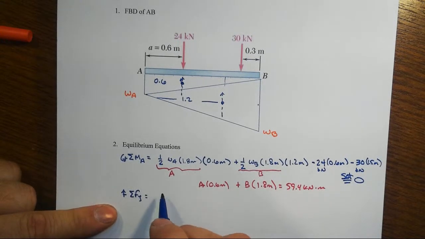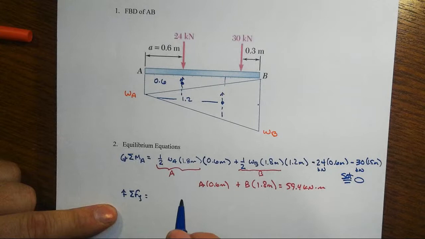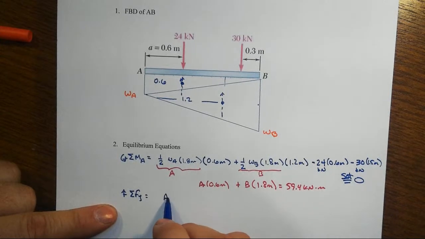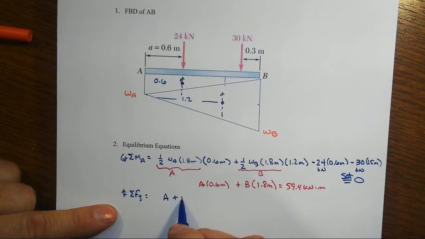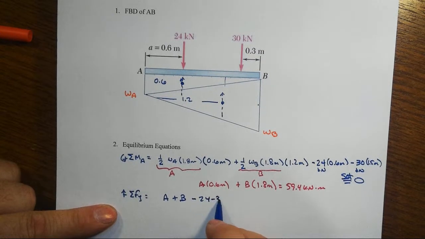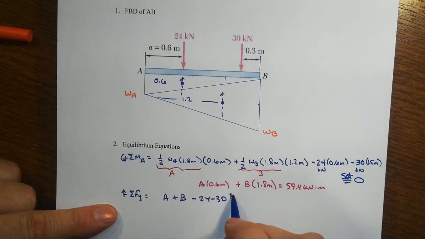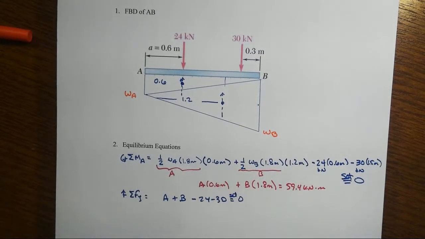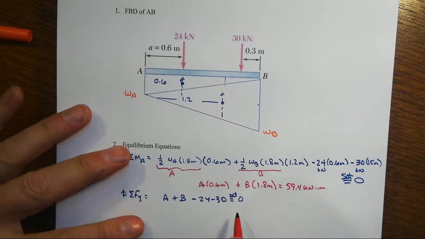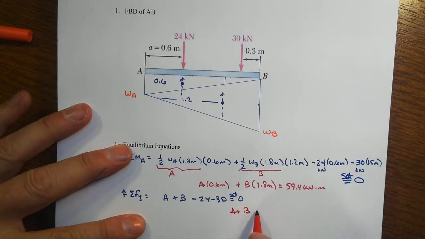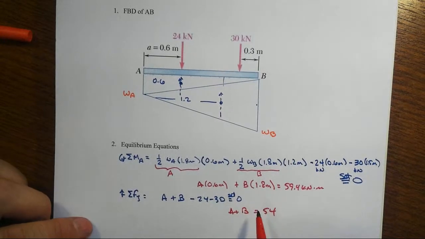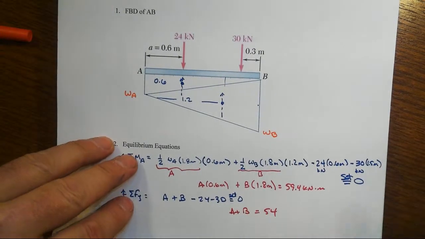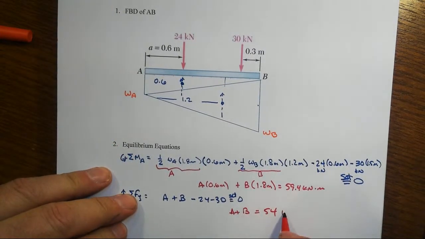We'll have 1/2 of WA times 1.8, or in other words A, plus 1/2 WB times 1.8, that's plus B, and then minus 24 minus 30, set equal to 0. So we have another equation: A plus B equals 54. Now we have two equations and two unknowns, and we can solve for those. Oh, hey, let's keep track of our units.